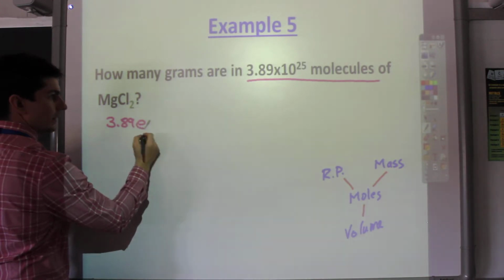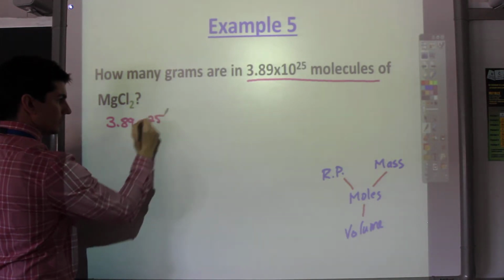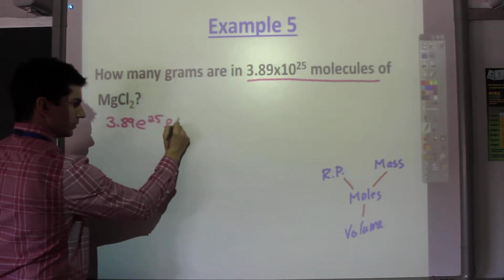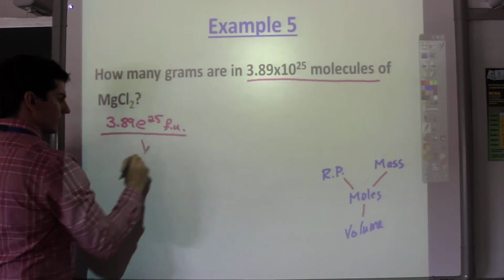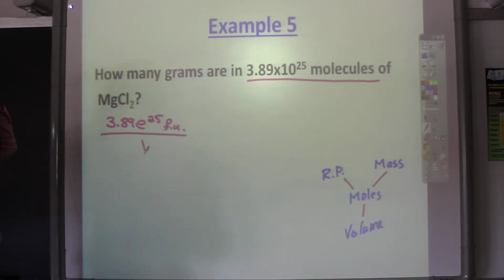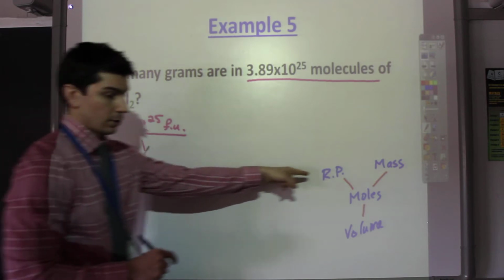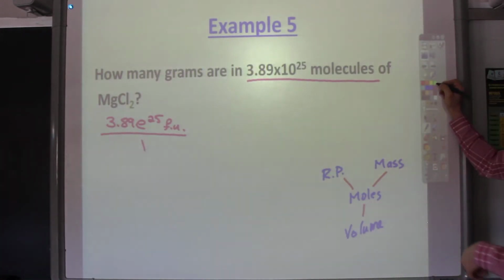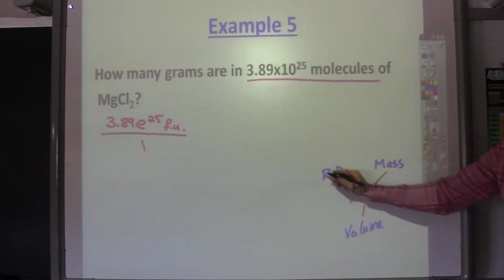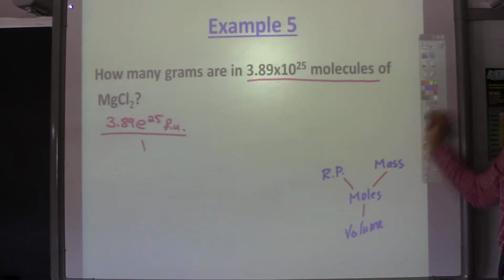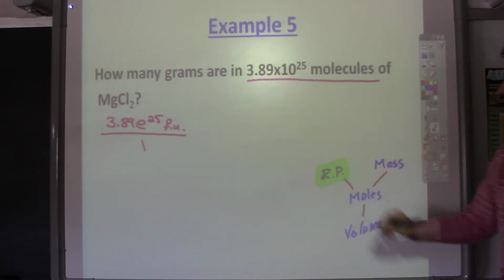I'm just going to write an E for times 10 to the 25th. Instead of molecules, I'm going to write FUs. Put it over 1. So, I'm starting at RP on this one, and RP is going to be in green because this is our starting area.